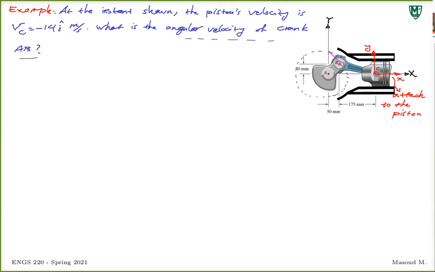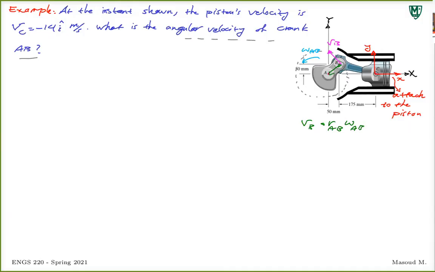If I find this velocity and I know this radius here, I can find the angular velocity of AB, because we know VB is R_AB times omega_AB. If VB is in that direction, then omega AB, the angular velocity of this link, is in this direction.